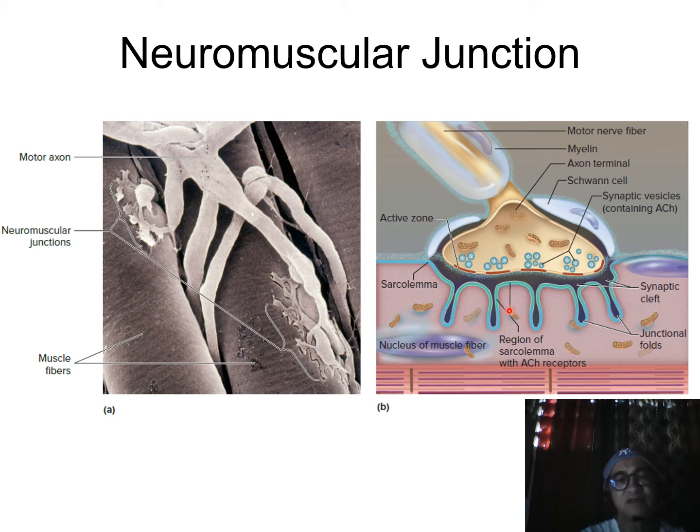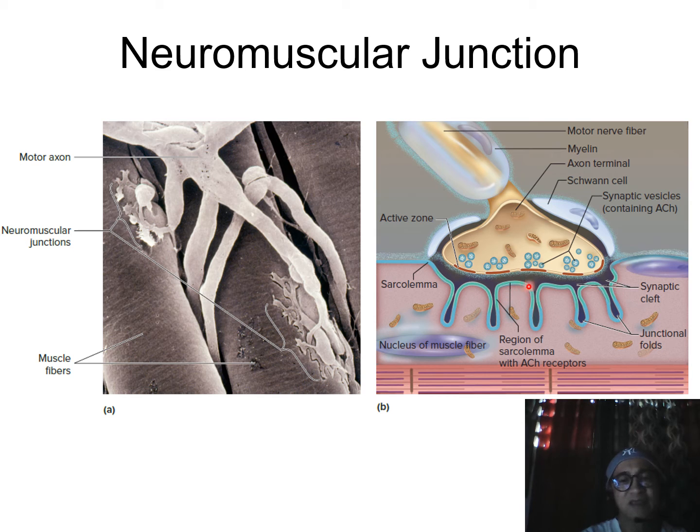The opposing region of the muscle fiber is formed by a heavily folded patch of muscle fiber membrane. We call this heavily folded patch of the membrane that faces the axon terminal of motor neurons the motor end plate. The motor end plate is rich with ligand-gated ion channels for sodium and potassium.